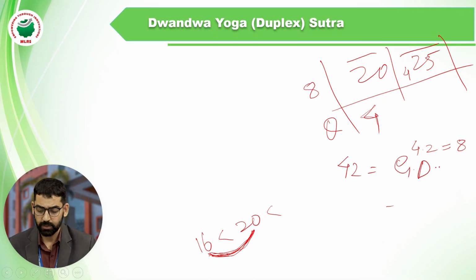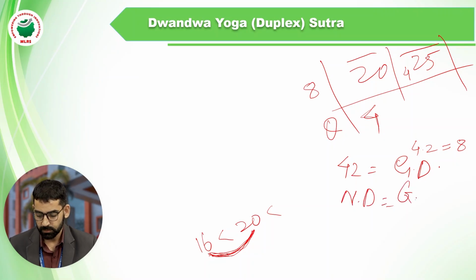Then we calculate net dividend. What is the net dividend here in this case? The net dividend equals gross dividend minus duplex of quotient. You see, here we don't have any number. In this compartment, the quotients appear, but you can clearly see there is no number here.